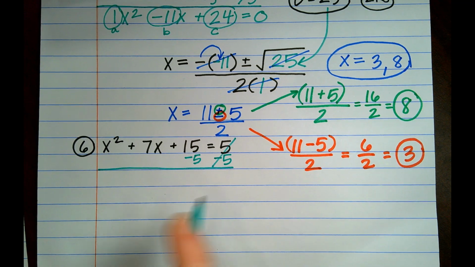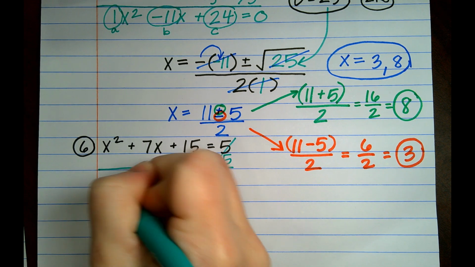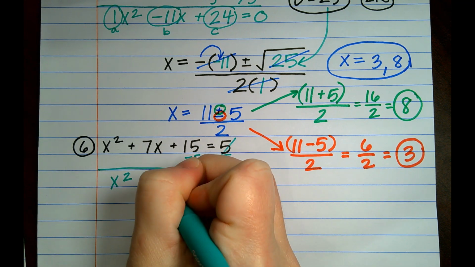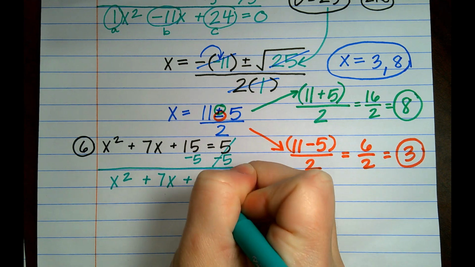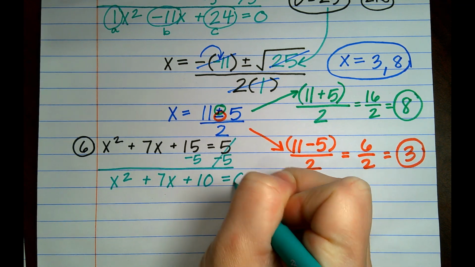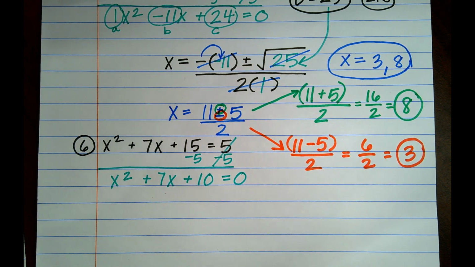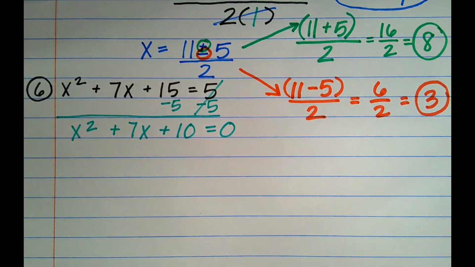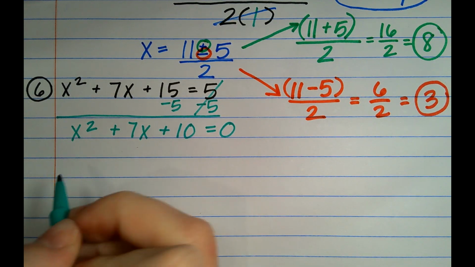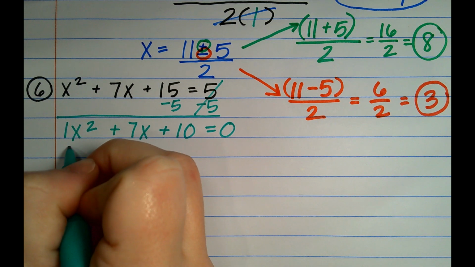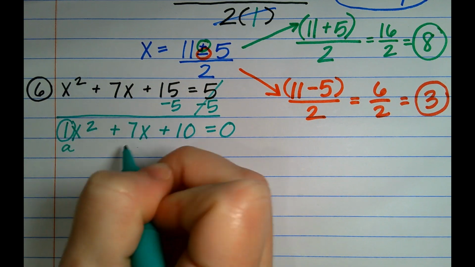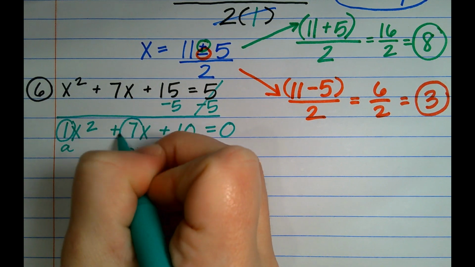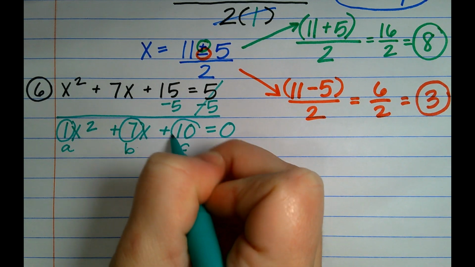And when we did that earlier, we ended up with x squared plus 7x plus 10 equals 0, giving us an A of 1, a B of 7, and a C of 10.